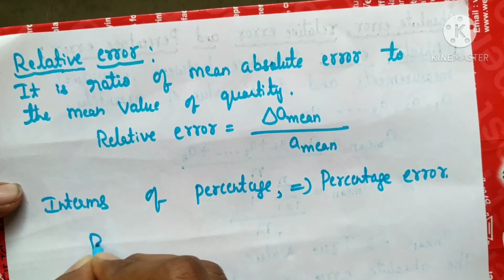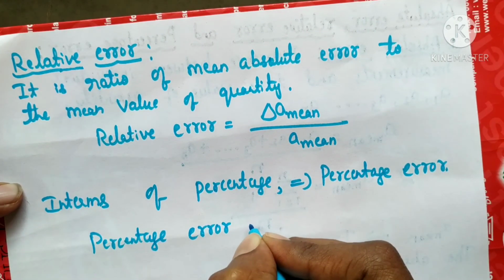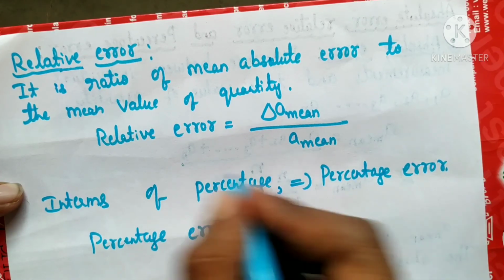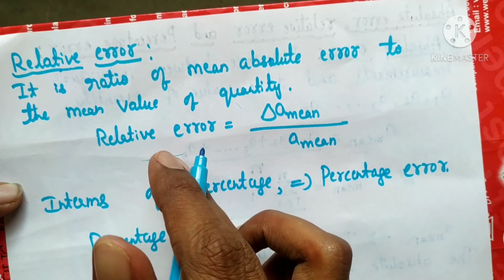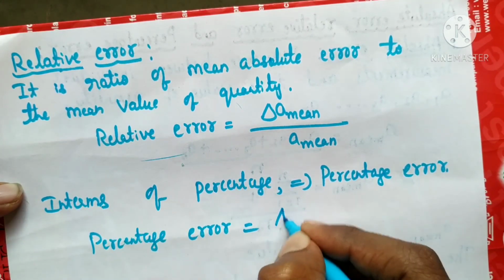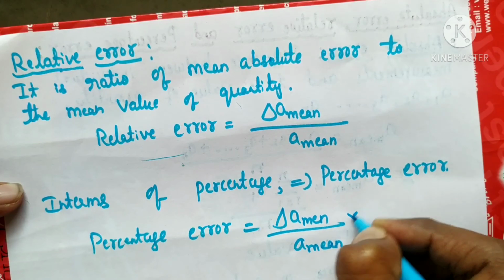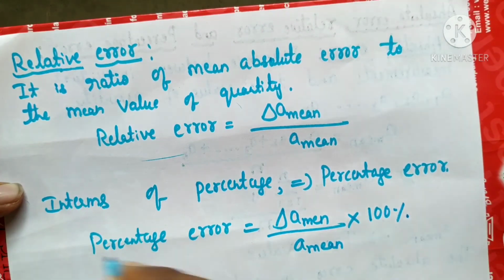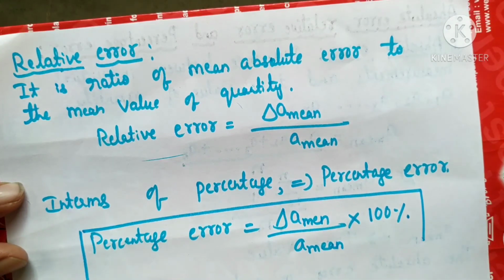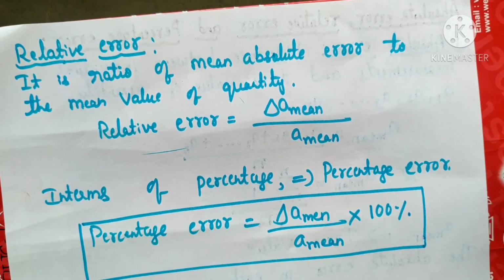The relative error is delta A mean divided by A mean. If I multiply that by 100%, that becomes the percentage error. So this is the expression for the percentage error. Okay, these formulas are very, very important, and in the examination, numericals will be asked on these formulas.